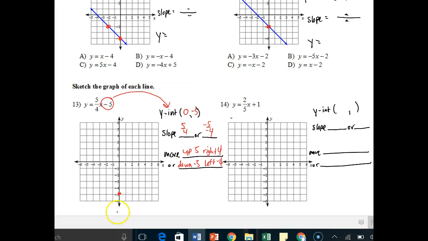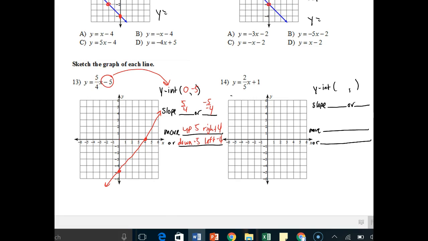So I can't move down, run out of space. So let's go ahead and move up 5. 1, 2, 3, 4, 5, and right 4. 1, 2, 3, 4. And I can't do it again because I'd run out of space. So only 2 points, but that's all you need to connect your line. And you have a positive sloping line with a negative y-intercept.